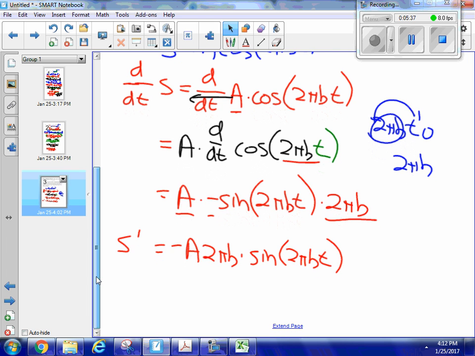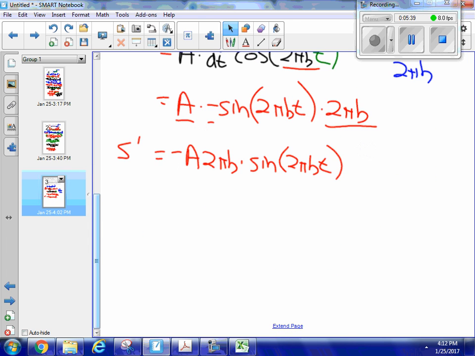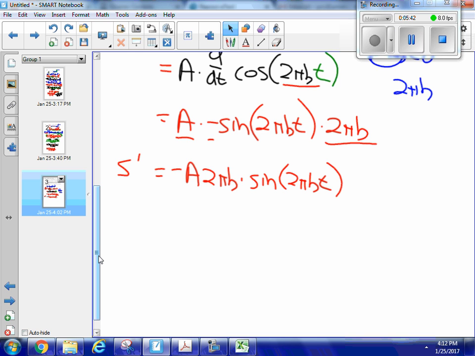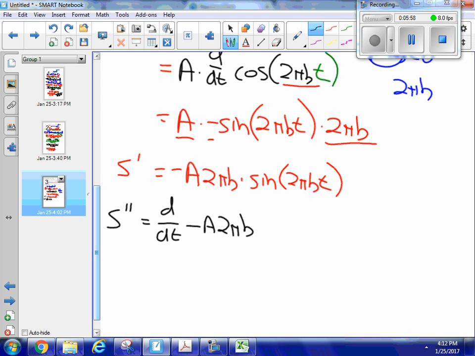So let's mark that, we'll call that S prime. So I'm going to find my acceleration. I need to do S double prime. So S double prime, that's going to be the derivative with respect to t of negative a 2 pi b times sine 2 pi b t. I want the derivative of that whole thing.